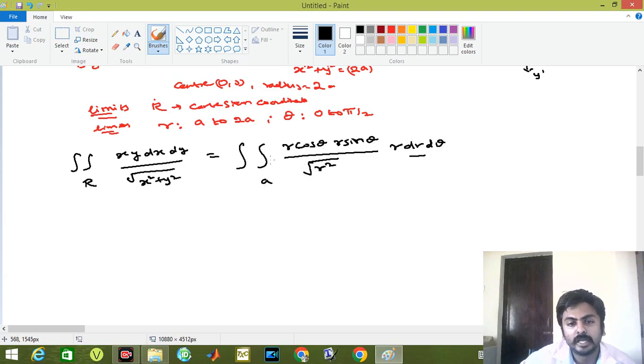The limits of r are a to 2a, and the limits of theta are 0 to pi by 2.